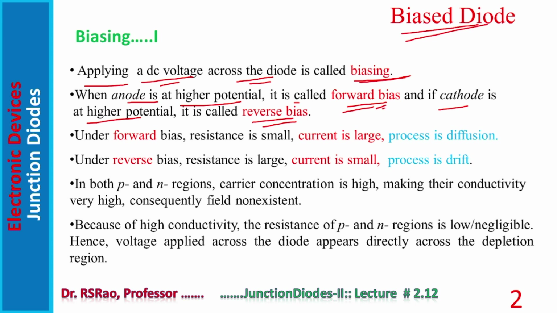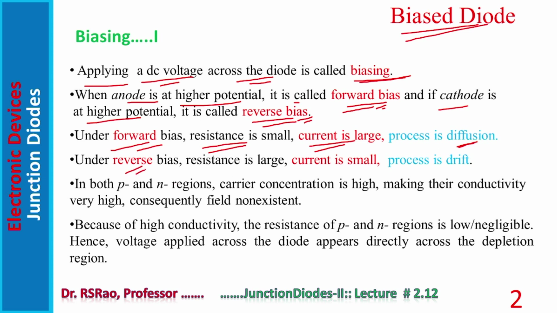If cathode is at a higher potential, then it is called reverse biased. Under forward bias, resistance of the diode is small, current is large. The process involved in the flow of current is diffusion.